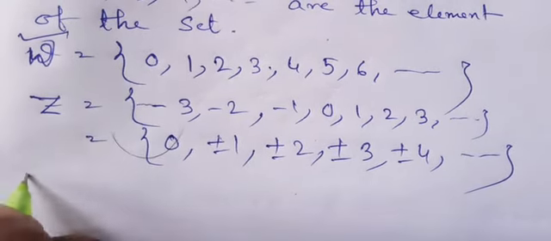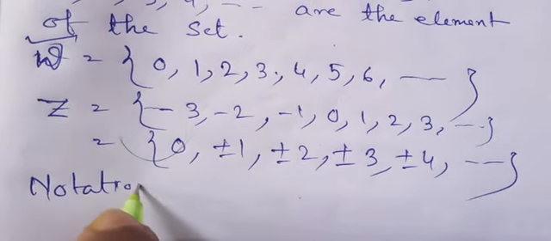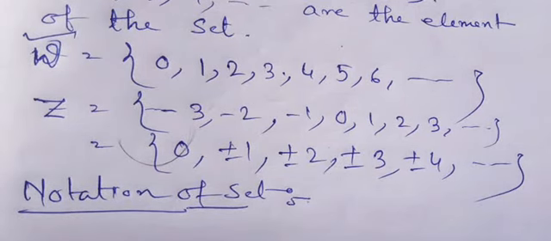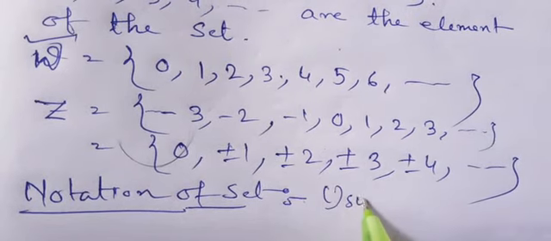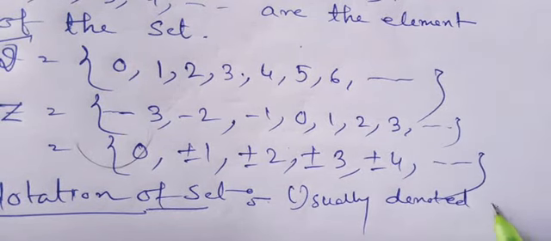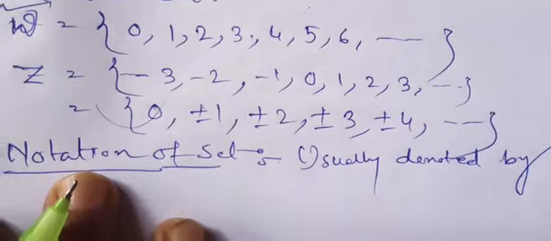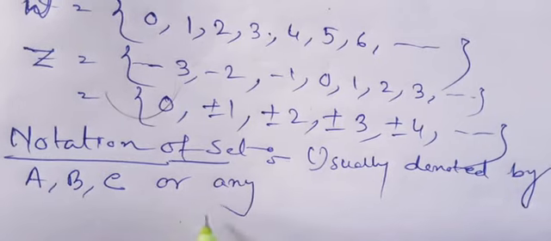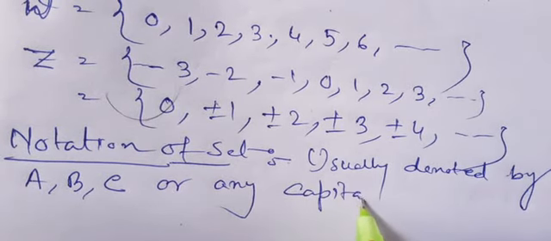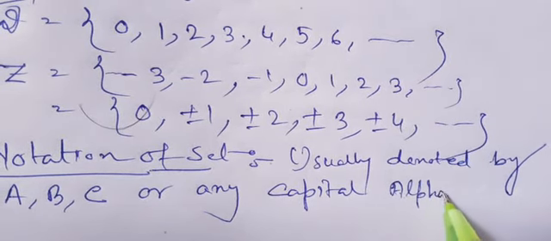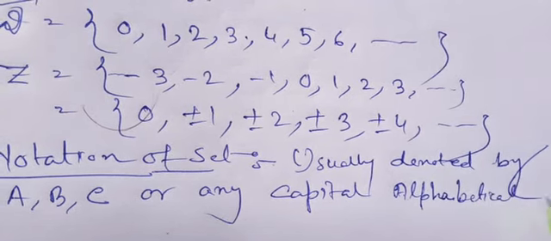As I earlier told you, a set is usually denoted by A, B, C or any capital alphabetical letter.